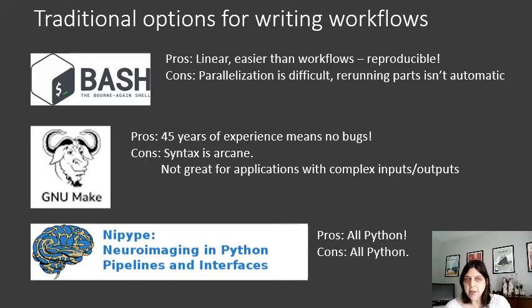The cons of Make is that the syntax is a bit arcane. It can be difficult for expressing dependencies with complex inputs and outputs, and that would be pretty much every neuroimaging application ever written. So explaining that you really need all of these outputs to be here, and there's 25 outputs, can be sort of tricky with Make.